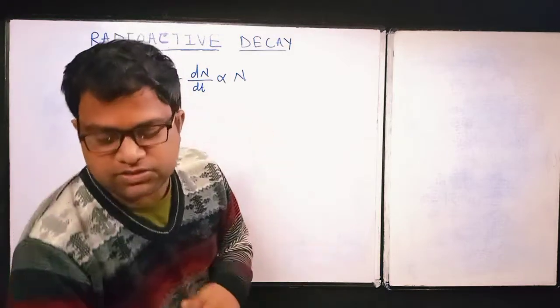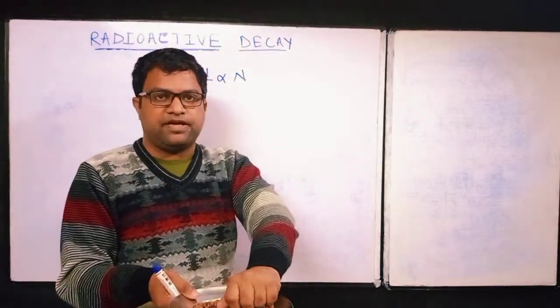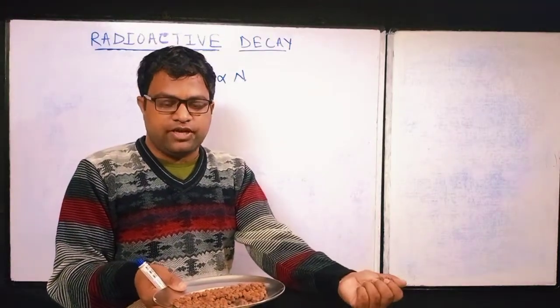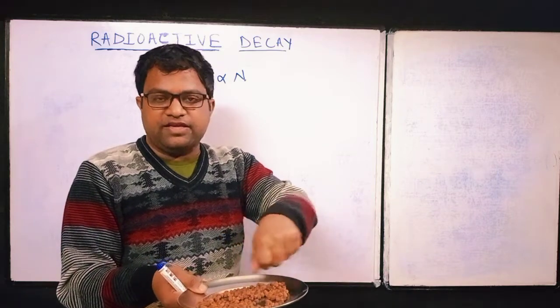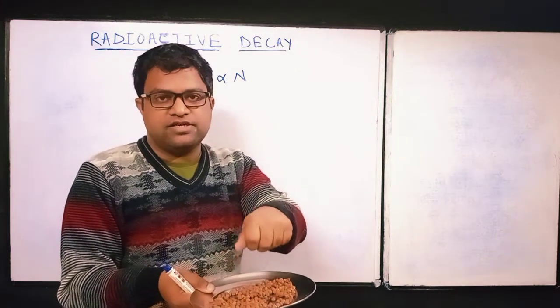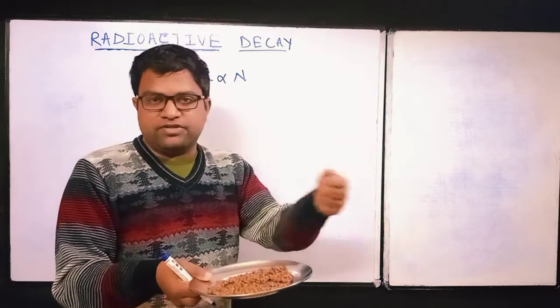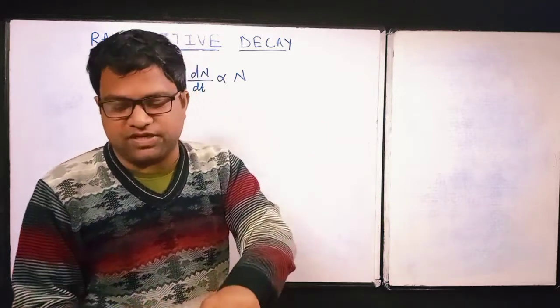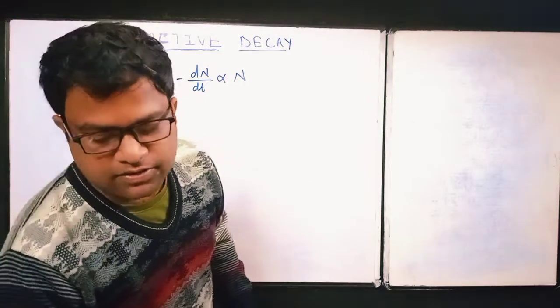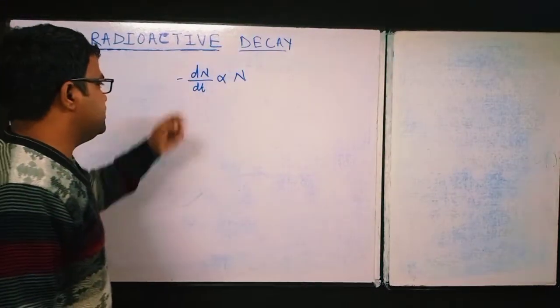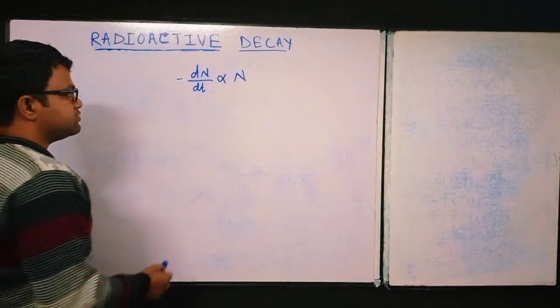Why? Because when some of the particles are converting to new nuclei, N is decreasing. So final N is less than the initial N. That's why the change uses a negative sign, and since the rate is decreasing, we use a negative sign here, right?